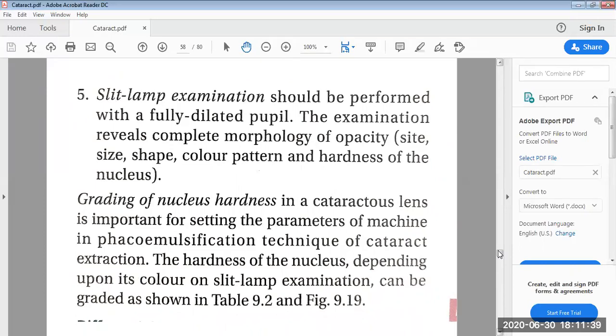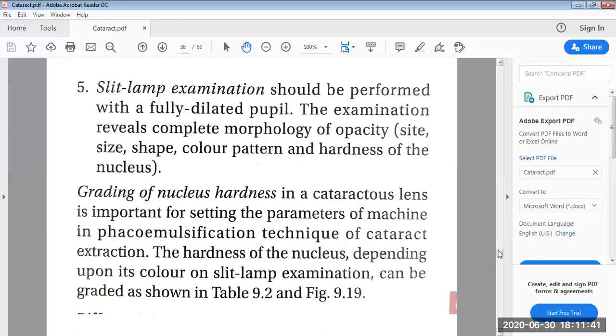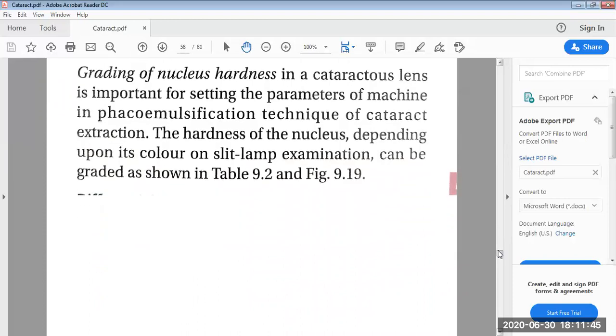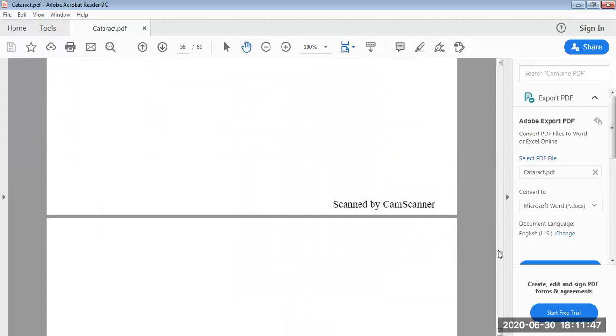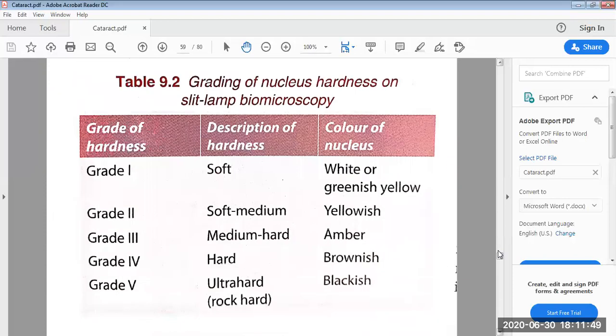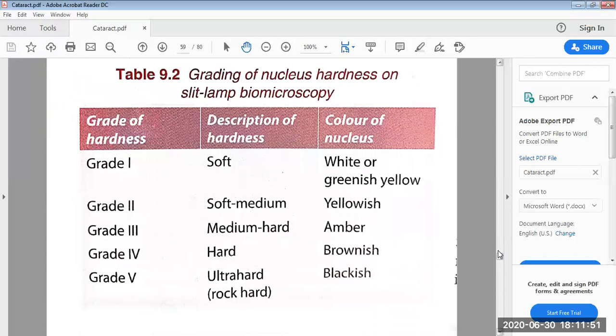The hardness of the nucleus, depending upon its color on slit lamp examination, can be graded as following in the table. Grading of the nucleus hardness on slit lamp microscopy. Grade 1 is said when the nucleus is soft. The color of nucleus is white or greenish yellow.